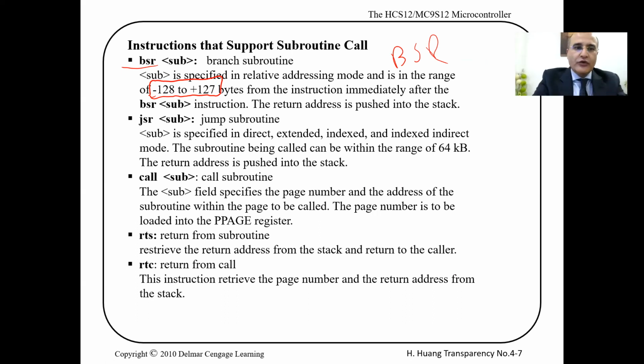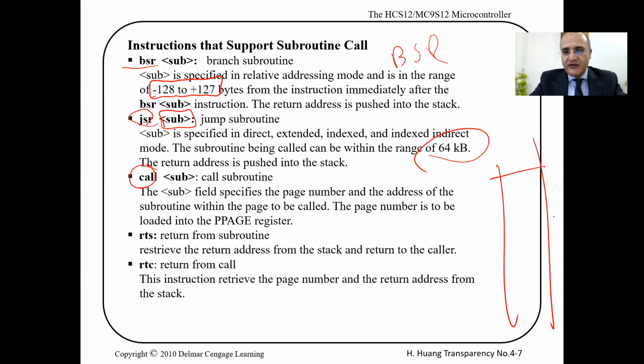Or jump to subroutine, where you provide the actual address the program counter is going to go to, and this could be a 16-bit address, which will cover the 64K address range.